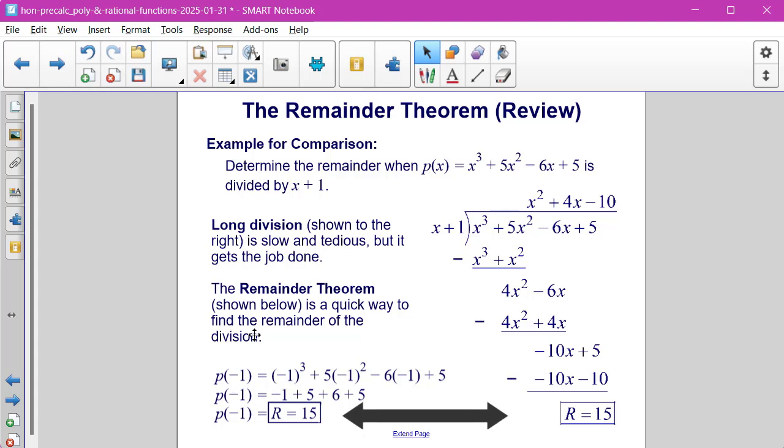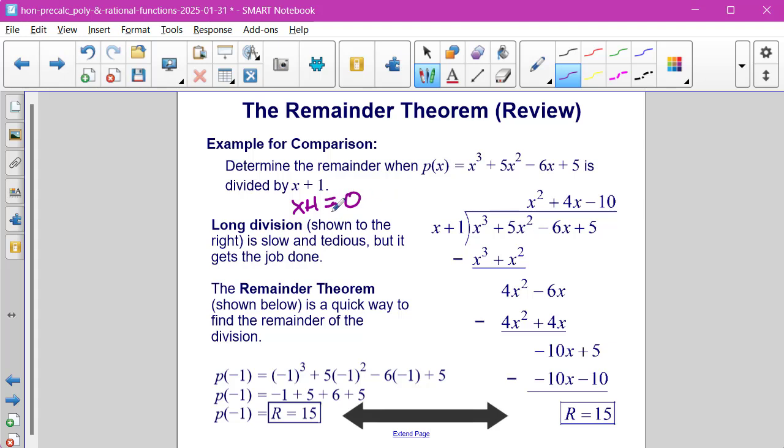Just substitute the x value from the factor, and remember x plus 1 can be set equal to 0, and then if we solve for x by subtracting 1 from both sides, we'll get that x is equal to -1. So then if we substitute -1 into p of x, we get that the remainder is 15, and we can see that using the remainder theorem is a lot more efficient than using long division.